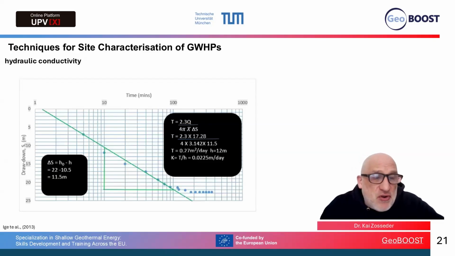You have your drawdown values, the values you measured, and then you try to fit them on a semi-logarithmic diagram to some theoretical curves. By fitting with the parameters of Q, your pumping rate, the abstraction rate over time, and also the storativity value, you can assess the transmissivity, and if you know the aquifer thickness, which you measure, then you can calculate the hydraulic conductivity out of it.